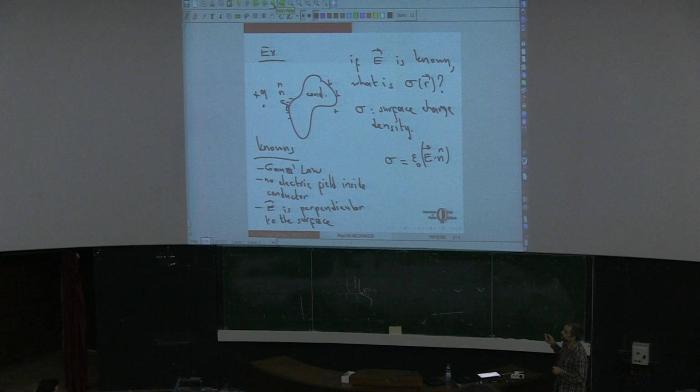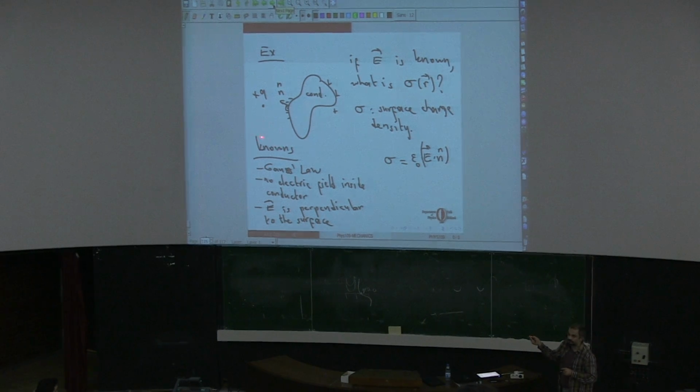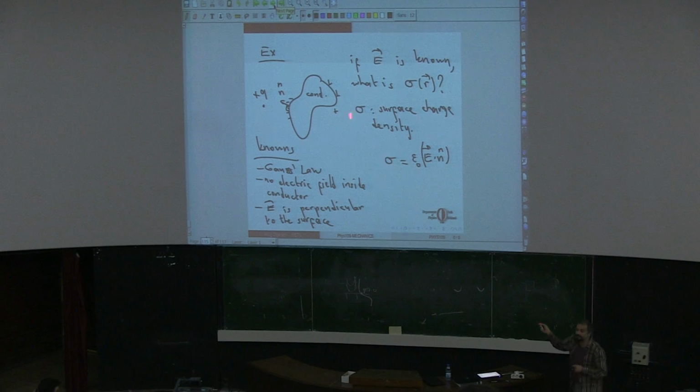Yes. We know the electric field. Of course, this is the electric field on the surface, by the way, not the electric field over here. This is only the electric field on the surface. This is the charge density on the surface.